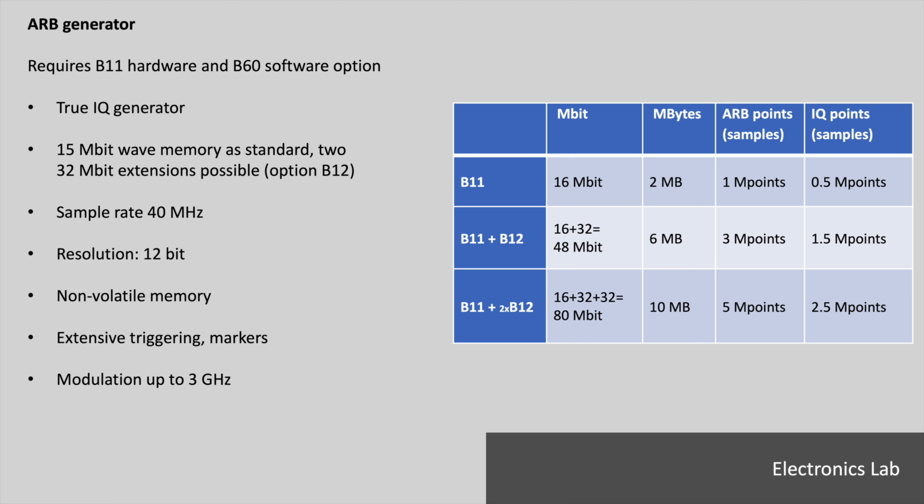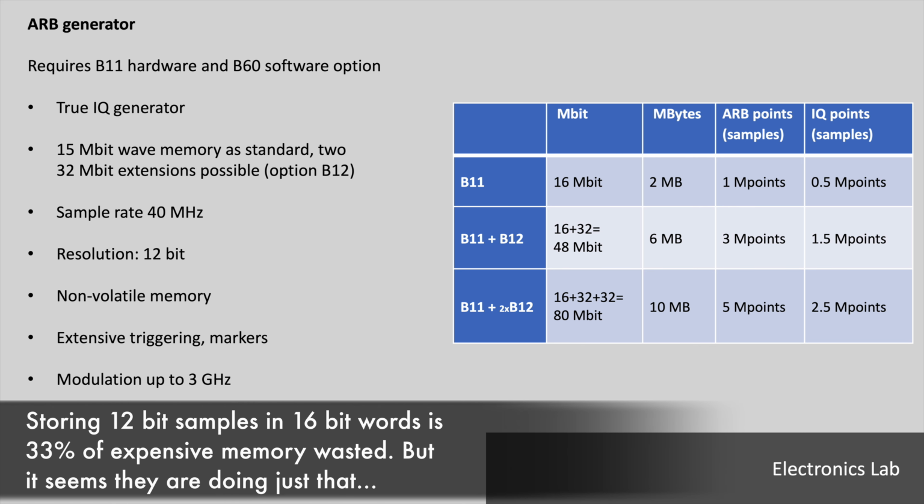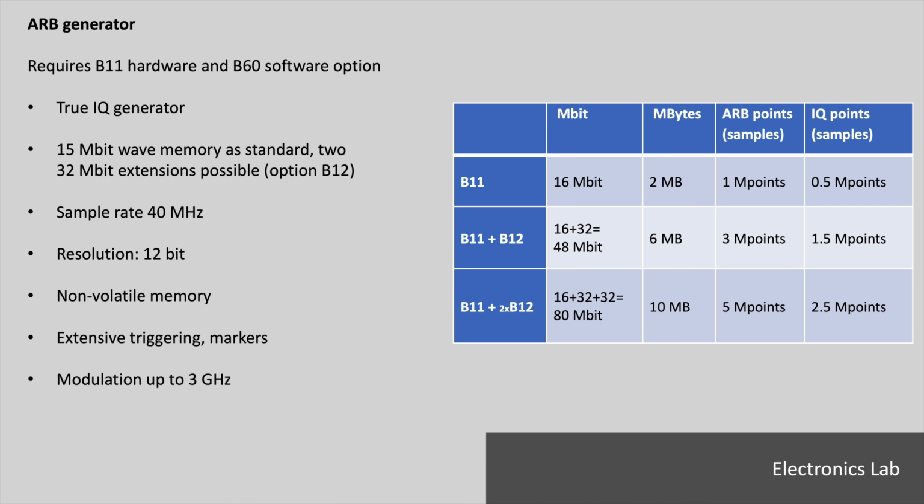But for this type of arbitrary waveform generator, we're generally working in words of 16 bits, so we have to divide by 2 again. And if we make an IQ signal, we need 2 samples per single symbol period, so you have to divide by 2 again. In this table I'm showing you what we have left at some point.